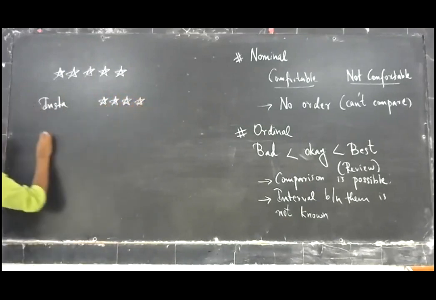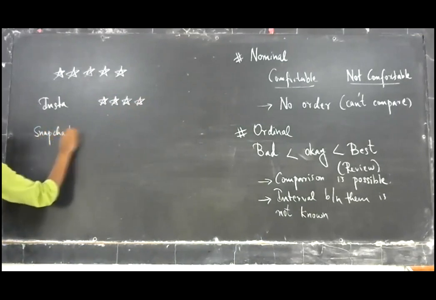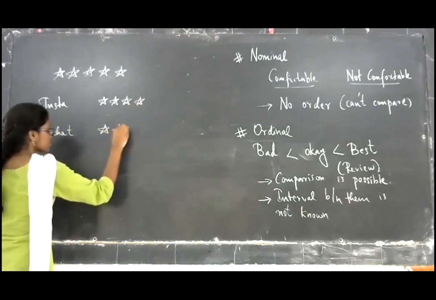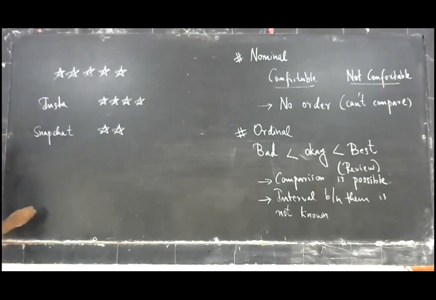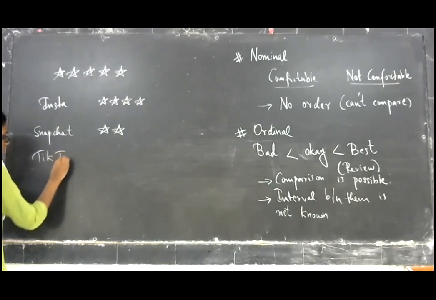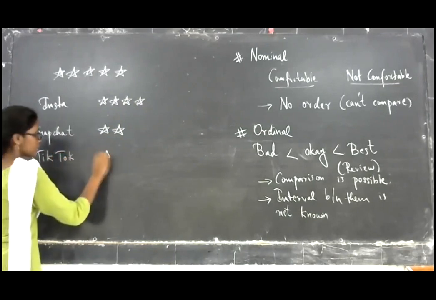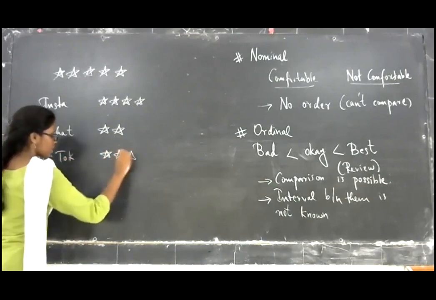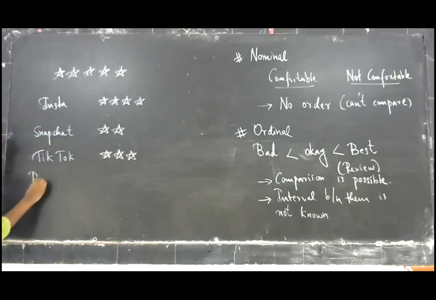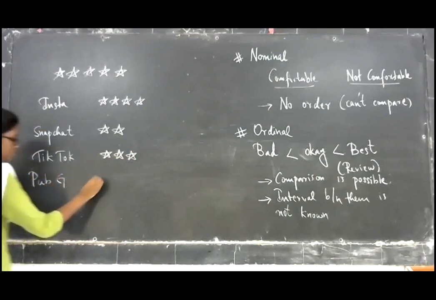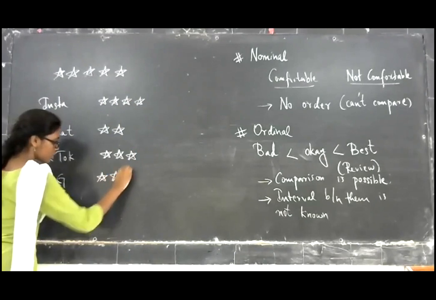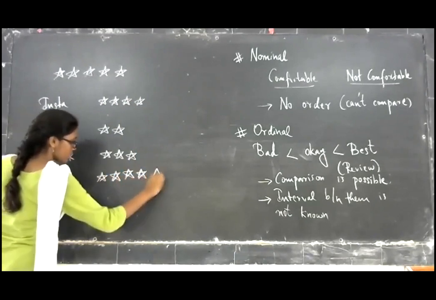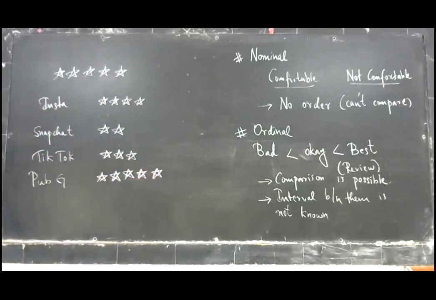Let's say Snapchat has got only 2 stars. TikTok has got 3 stars, and PUBG has got 5 stars.